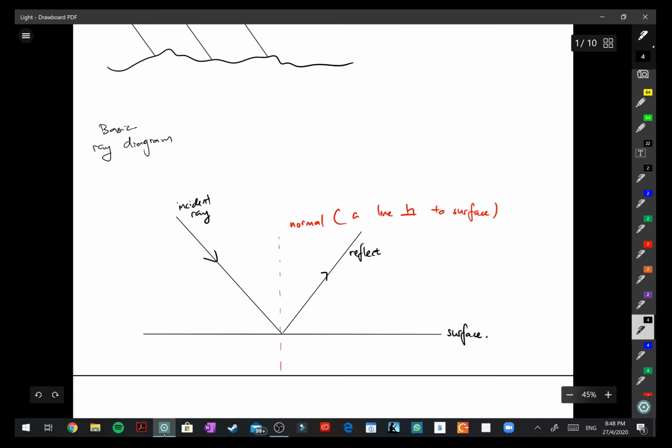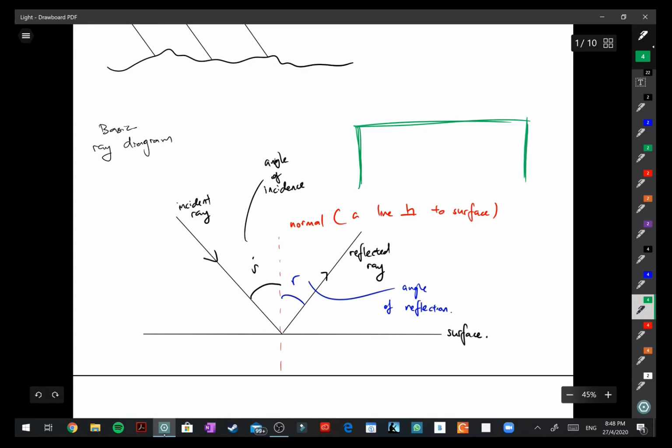This is the reflected ray. Now over here there are a few things to label. First is this, we call it the angle of incidence. Then we have another angle R, we call this the angle of reflection.